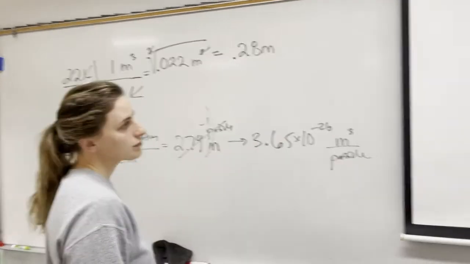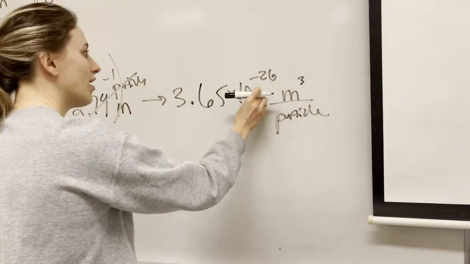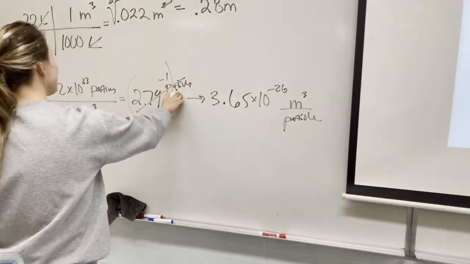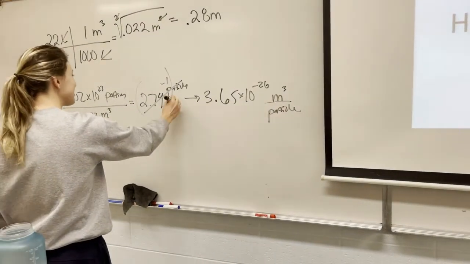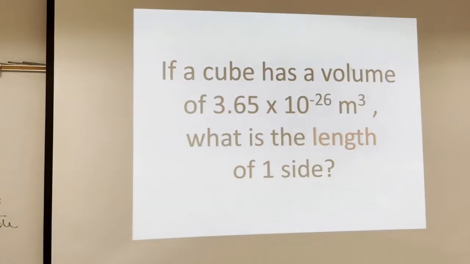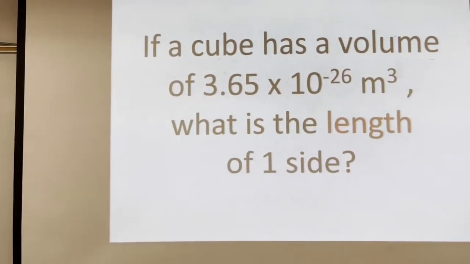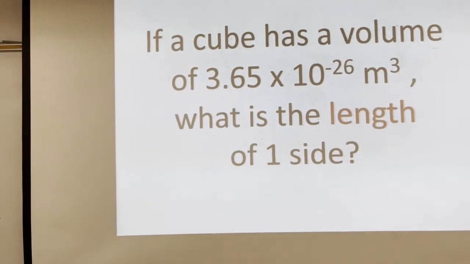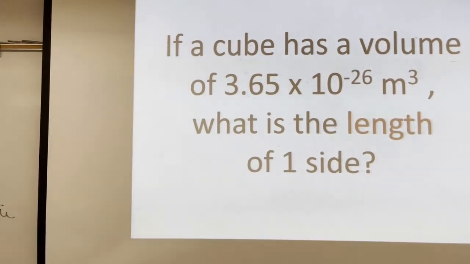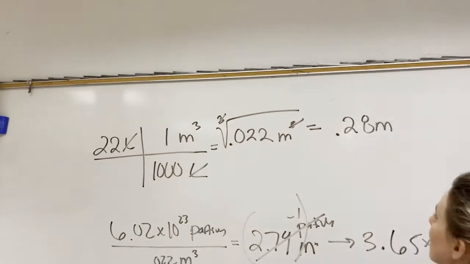Okay, so how much volume does one particle occupy? One tiny little thing. I was looking at this and I was like, this many particles per meter cubed? That was my bad. If a cube has a volume of 3.65 times 10 to the -26 meters cubed, what is the length of one side? Well, we found that before by taking the cube root.